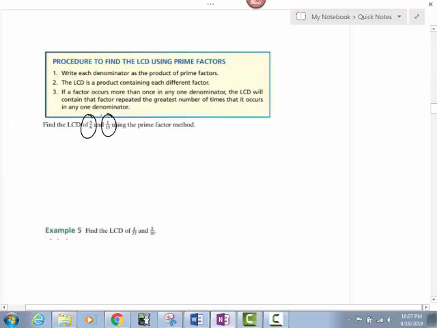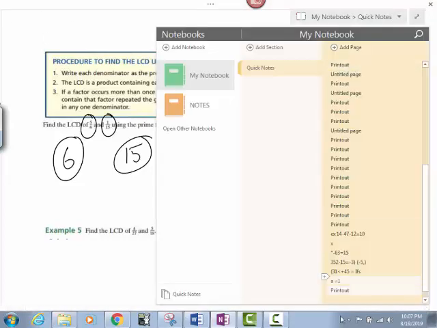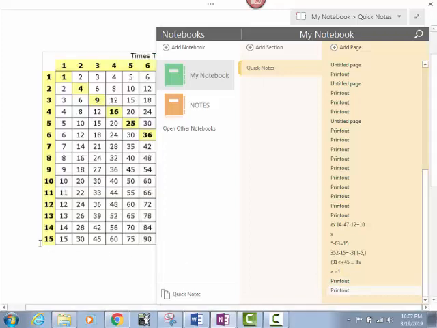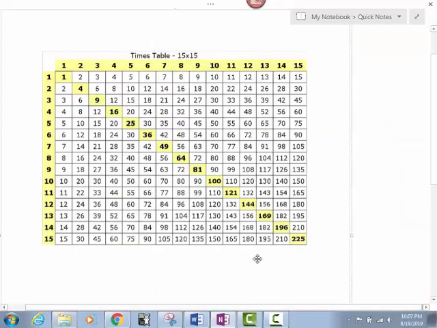Since we're looking for the common denominator, the two numbers that I'm really looking at here are the numbers 6 and 15. Okay. So I'm going to pull up my chart, and I'm going to look at the numbers 6 and 15.